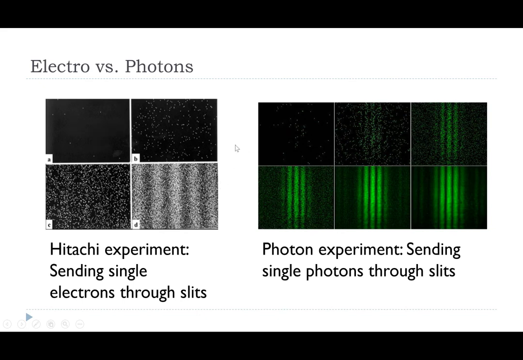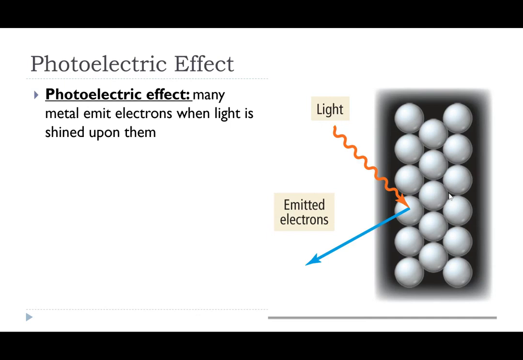Both of them behave as waves. Perfect. So electrons aren't actually particles. Electrons are waves. Easy. Not so fast. The next experiment we're going to talk about is going to prove to us that electrons behave like particles. Welcome to quantum mechanics.